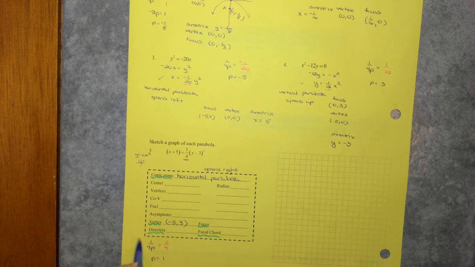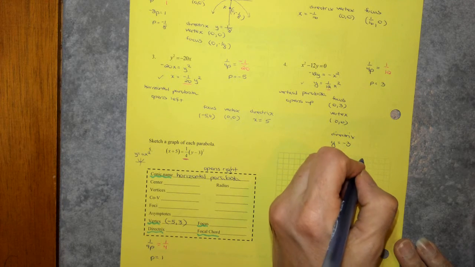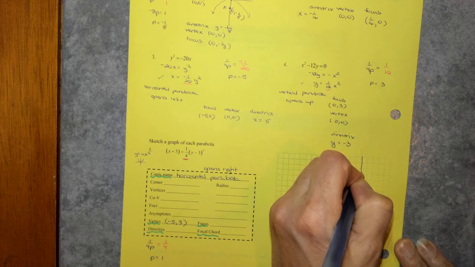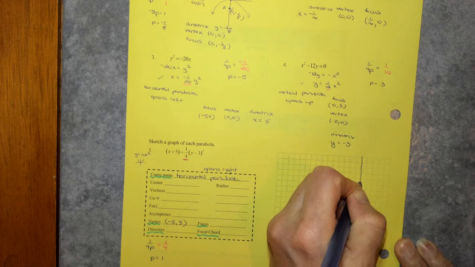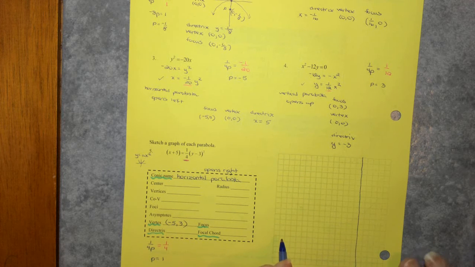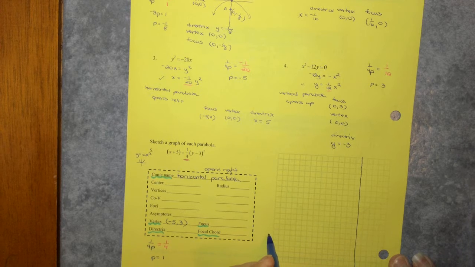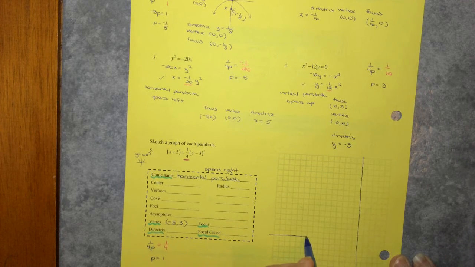Now that p-value of 1 tells us how far we move. So I'm going to focus on the graphing option for this. I'm going to remind you that when you draw your axes, they do not necessarily have to be drawn in the center. You have some options for where you draw those axes.